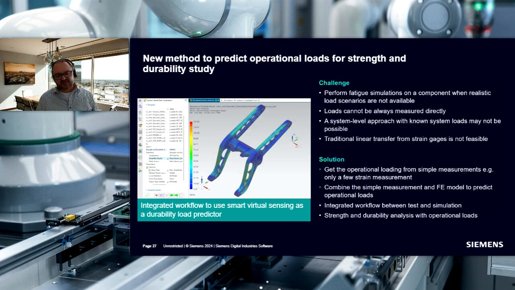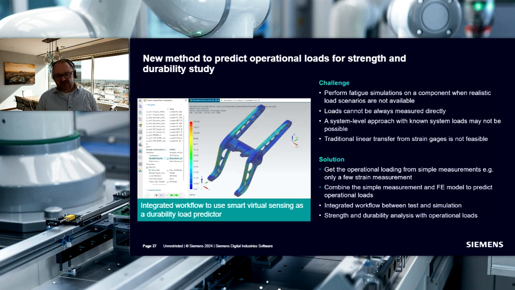So we can back calculate the loads and always adapt them to the measurements we have. That's the basic idea, and with that you can get the real loads acting on your structure from real measurements.